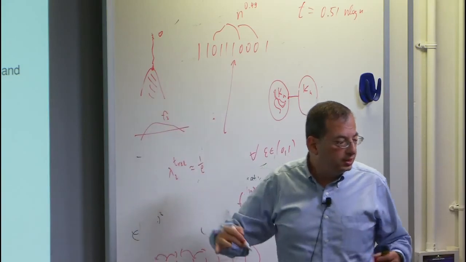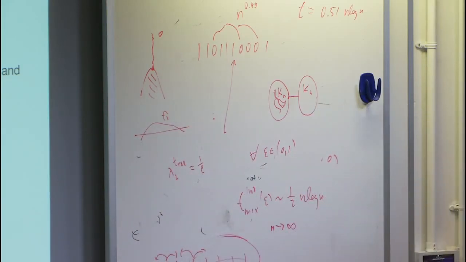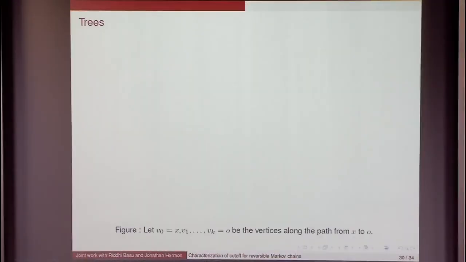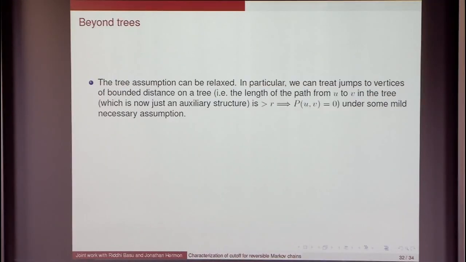And we already discussed that if you start at a large set, the mixing time and hitting times are all controlled by relaxation. So this is again using the tree structure. Okay, and maybe I'll skip the rest of the details for the tree.